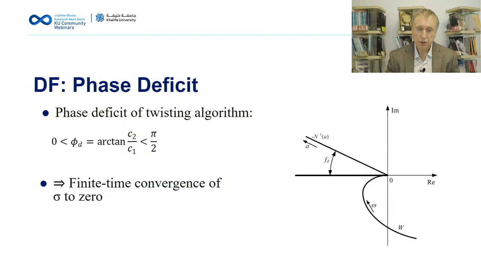Respectively, for the twisting algorithm, we can see that the phase deficit is always positive if we have positive values of C2 and C1, and we will always have finite time convergence, of course, if our W corresponds to the relative degree 2 of the plant.